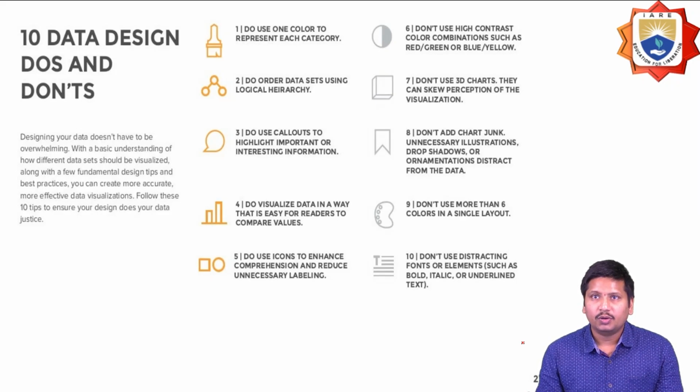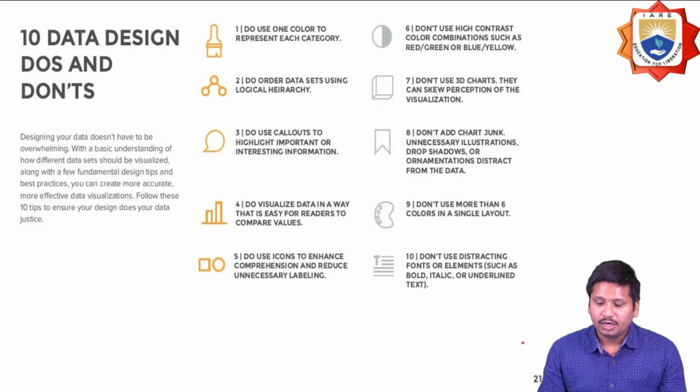Do use one color only to represent each category, and do order the data sets using a logical hierarchy. Do use callouts to highlight important information, and do visualize the data in a way that is easy for readers to compare the values. And do use icons to enhance comprehension and reduce unnecessary labeling.